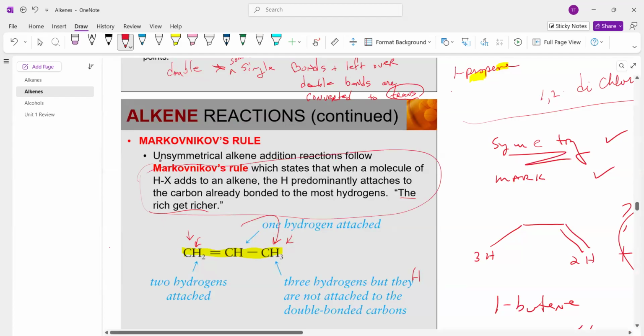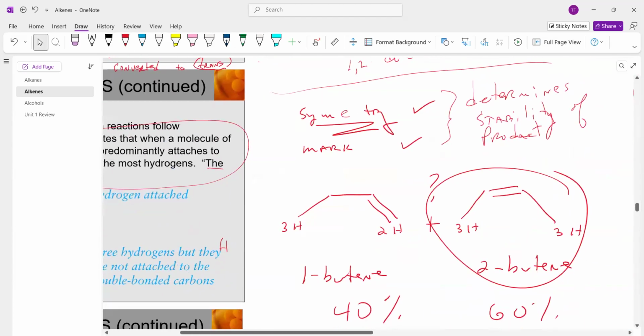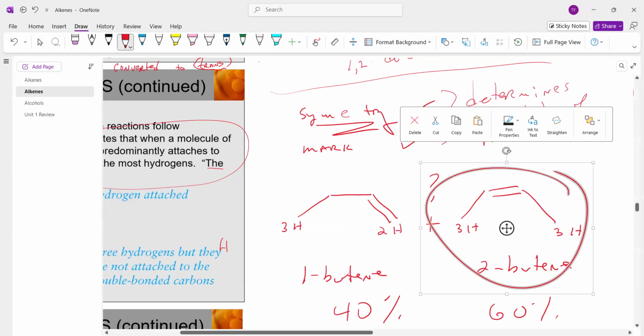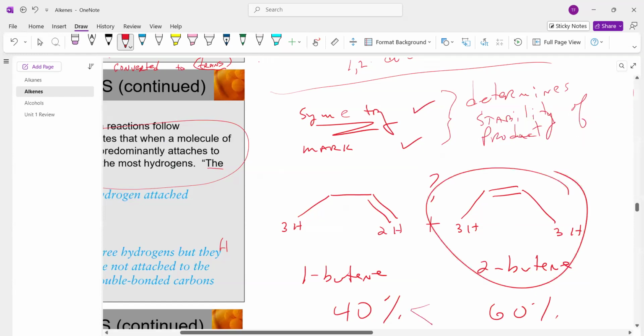The ones with more hydrogens are more stable, and those are usually the more symmetrical ones. It varies, but basically, the more stable ones are favored over the less stable ones, always.